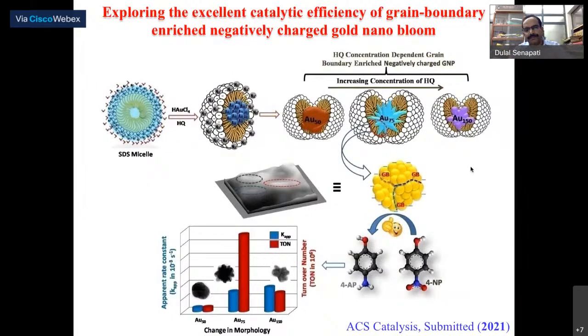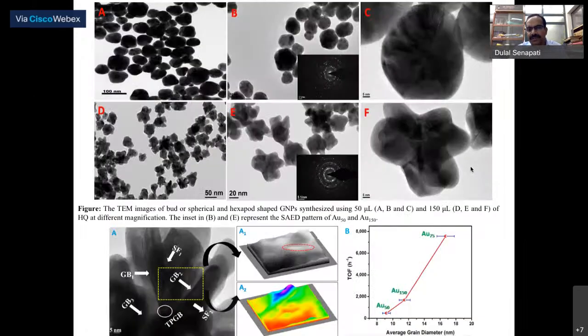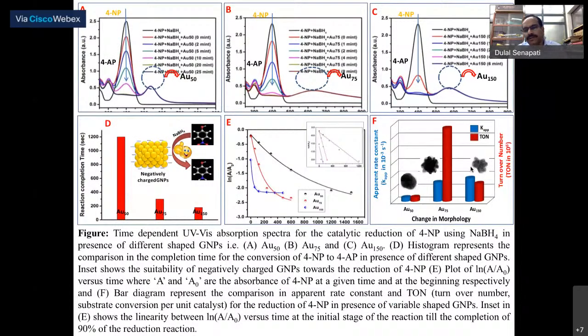Similarly, like this one I showed before, if we can synthesize different shapes of nanomaterial, those materials which have a flower shape can effectively be used for chemical conversion. Here is a specific example of 4-nitrophenol to 4-aminophenol.